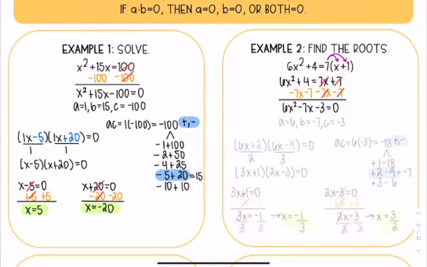We're going to approach this the same exact way. Do I have a GCF that I can take out of these? I don't, so my A is 6, my B is negative 7, and C is negative 3. So A times C, we have 6 times negative 3, which is negative 18. We have 1 plus and 1 minus.